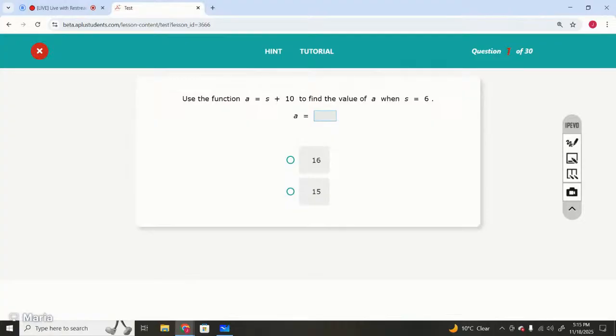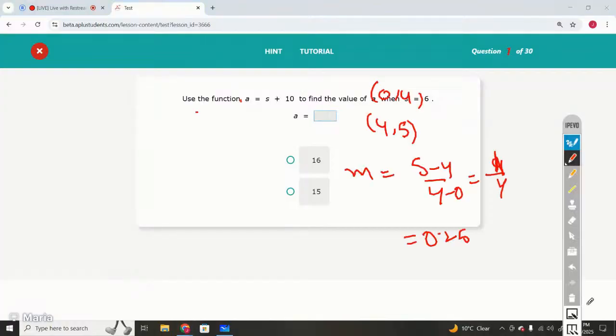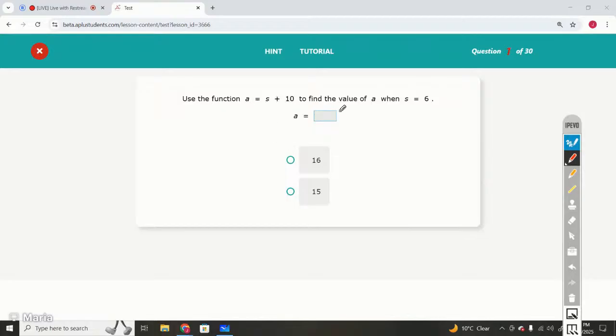Use the function a equals s plus 10 to find the value of a when s equals 6. A equals s plus 10, s equals 6.